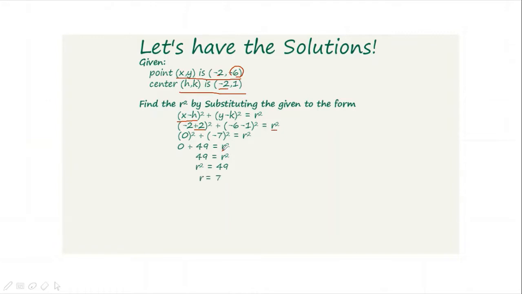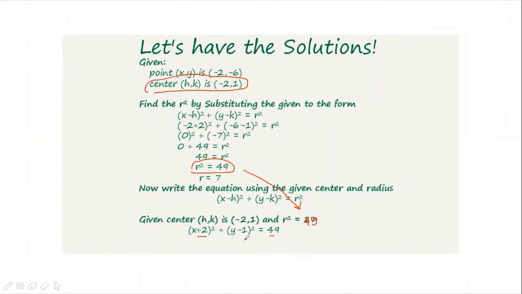Since we have r square already, we will substitute that in the equation: the quantity of x minus h square plus y minus k square equals r square. So this is already the equation of the circle for our given problem.